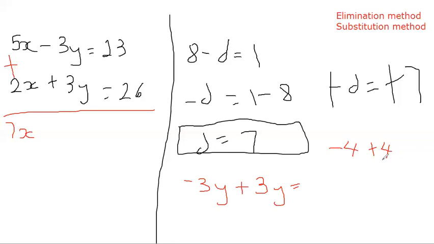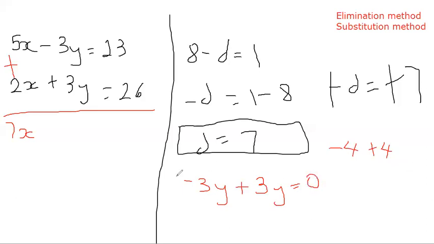You can try that. Zero. So minus 3y plus 3y is also 0.